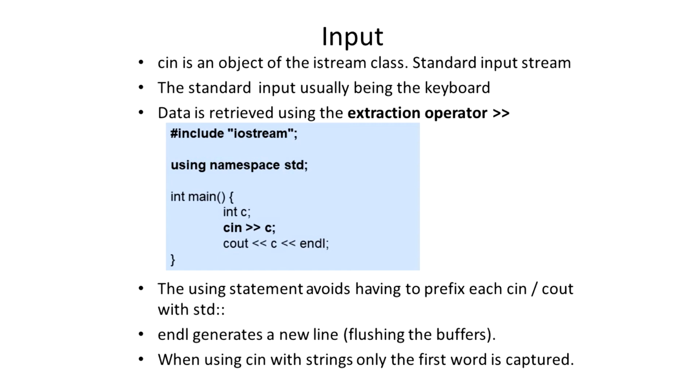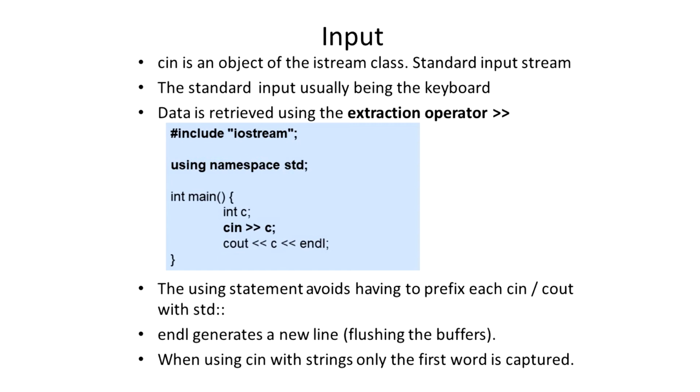Okay, and this input stream is how we facilitate that. Okay, and so here in this example, we are actually using namespace std this time. You can see that. And so therefore we don't need to write std before cin.